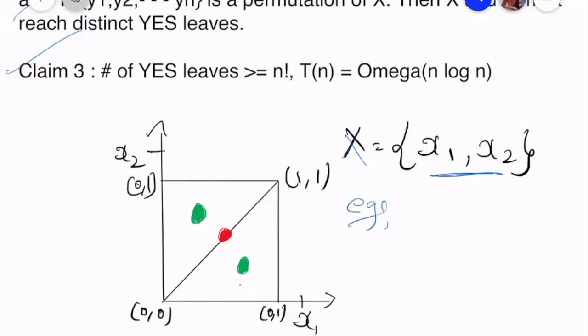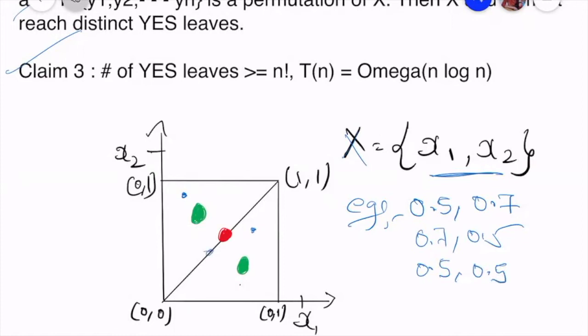If my x array is 0.5, 0.7, the point will be somewhere around here. If I take the example 0.7 and 0.5, the point will be somewhere around here. If I take my third example as 0.5 and 0.5, my point will be around here.